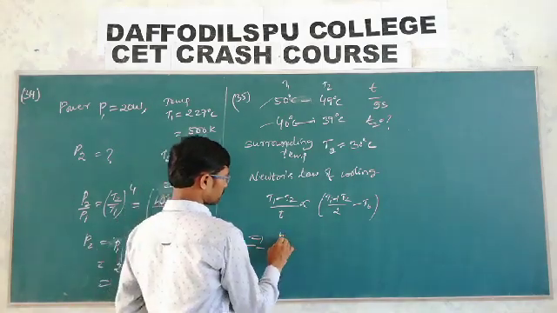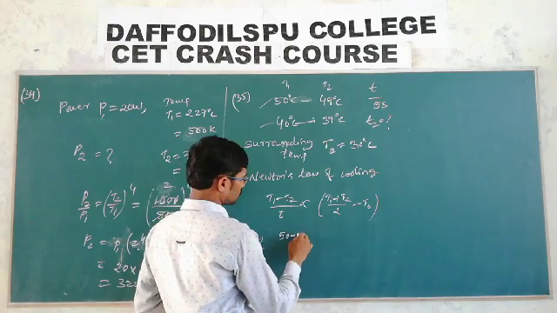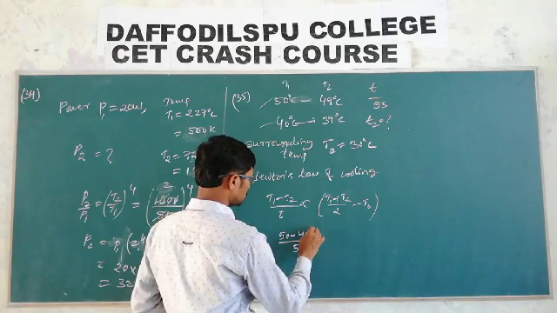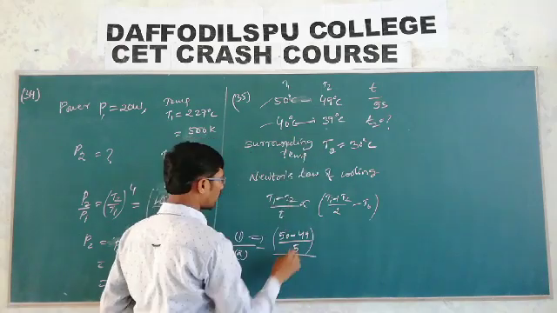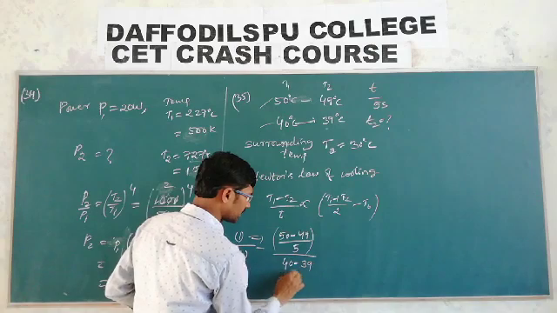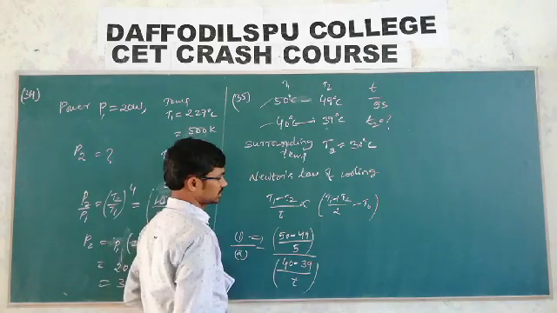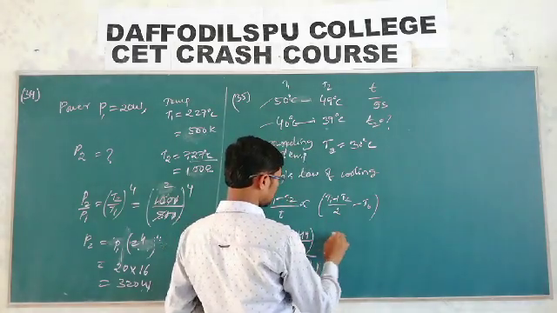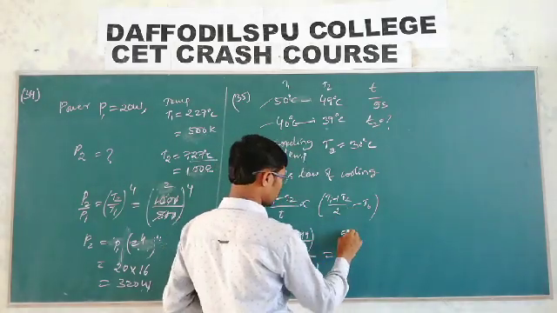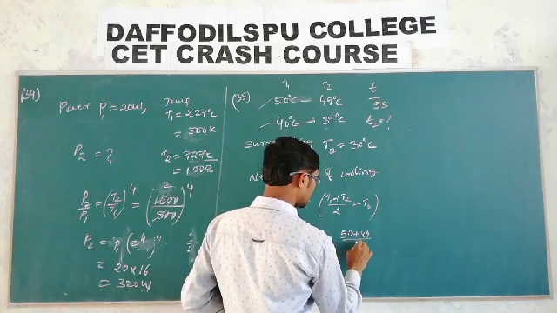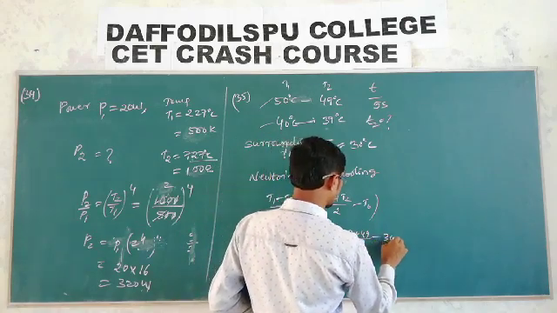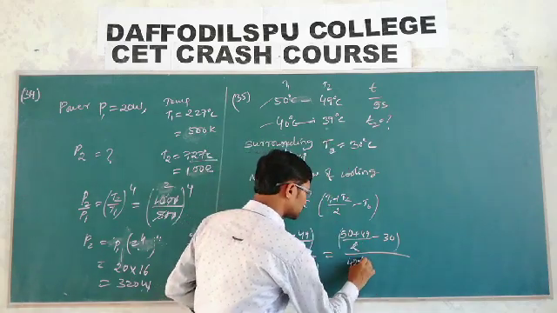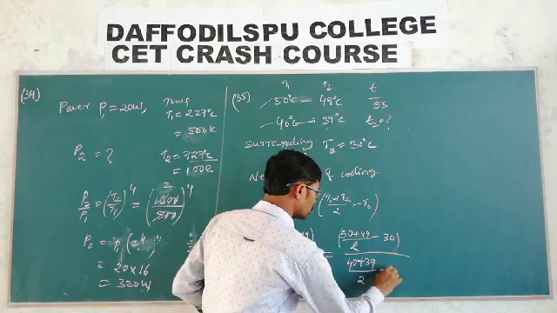Then we can write here, 50 minus 49 by 5 by 40 minus 39 by t is equal to (50 plus 49 by 2 minus 30) by (40 plus 39 by 2 minus 30).